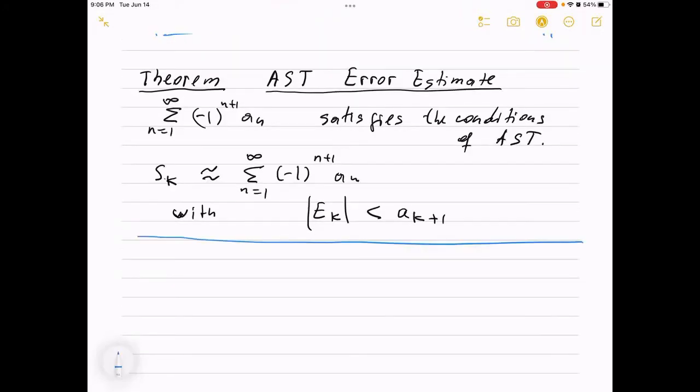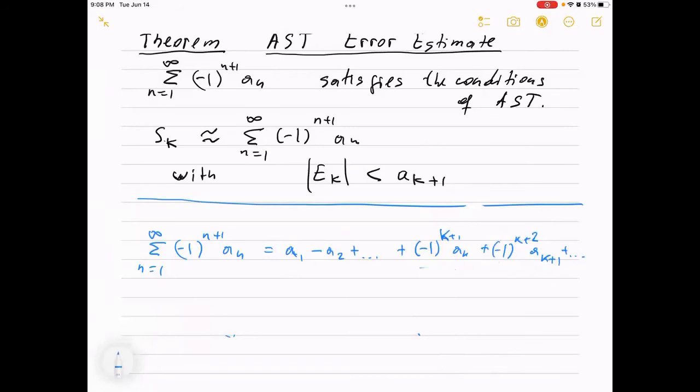So the idea of the theorem is the following. If you have an infinite alternating series, we can write it down like a_1 minus a_2 plus and so on, plus (-1)^(k+1) a_k plus (-1)^(k+2) a_(k+1). So what you notice here is that is S_k, and that is our error.